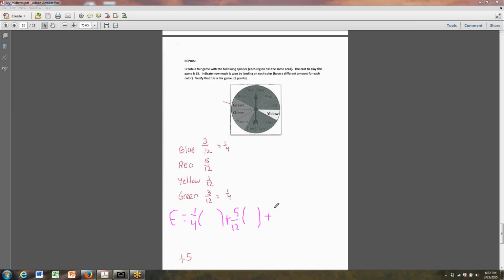Yellow, there's 1 out of 12, and I need to come up with how much I win or lose. And then green, again, there's 1 out of 4, and I need to come up with how much I win or lose. Okay, and since it's a fair game, that means that this expected value is actually 0.